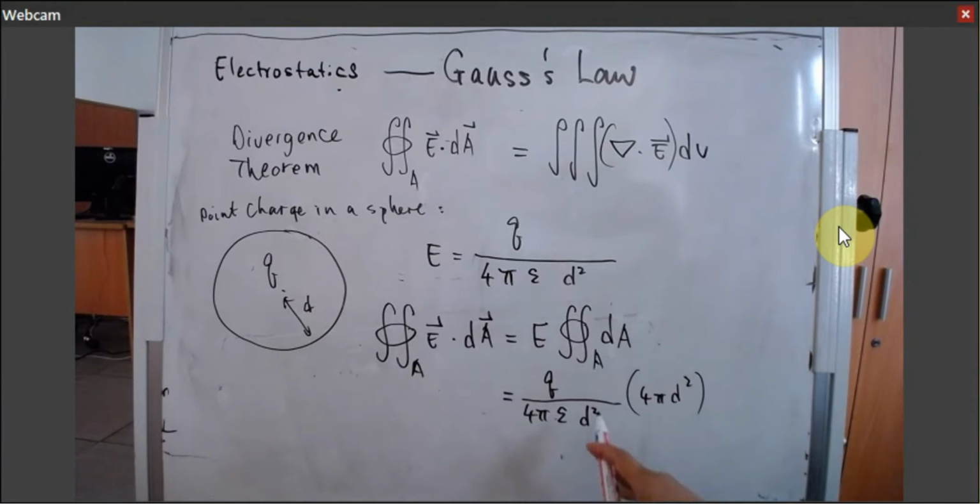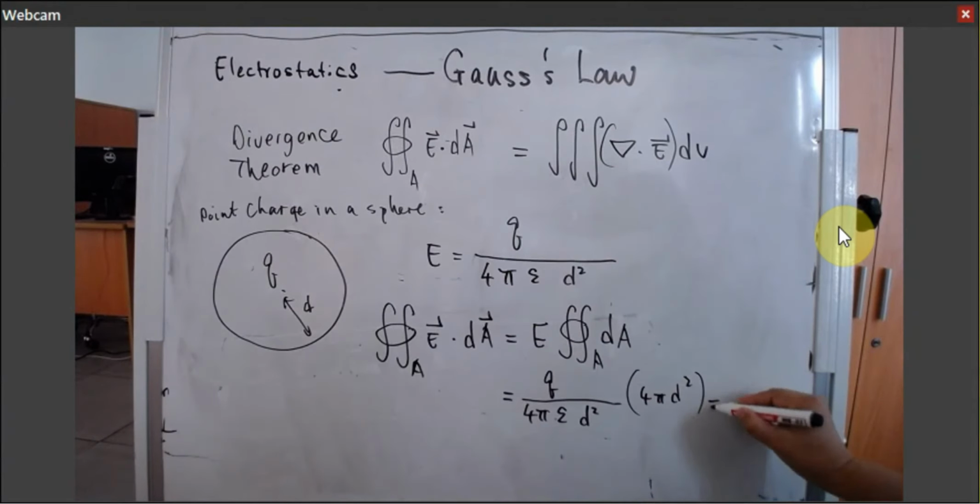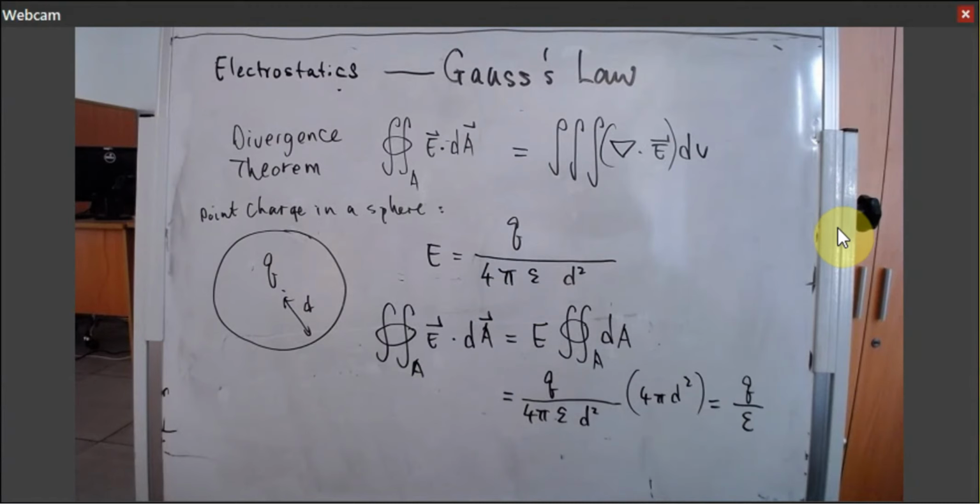So eventually, the formula will give you a very clean answer, Q over epsilon. And the final result doesn't contain any information about the geometry. So in other words, this formula is applicable for all kinds of geometry, right?